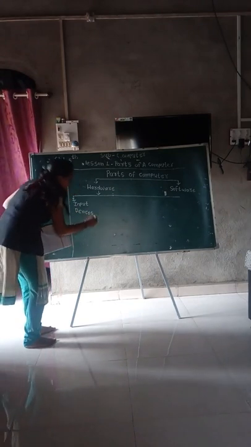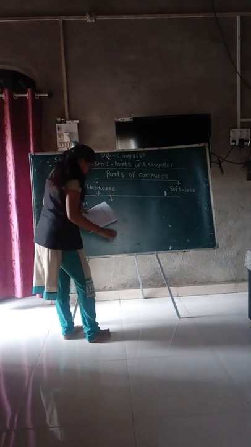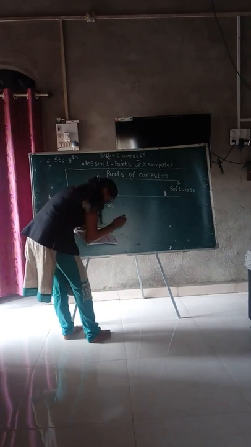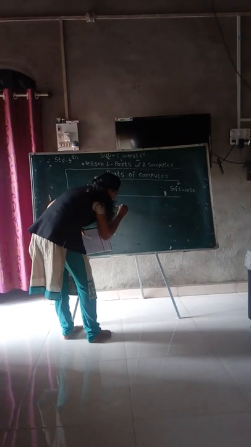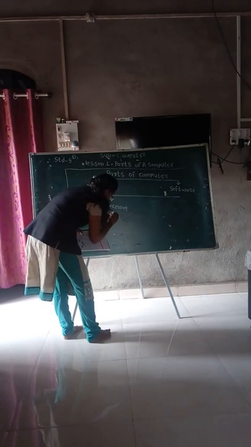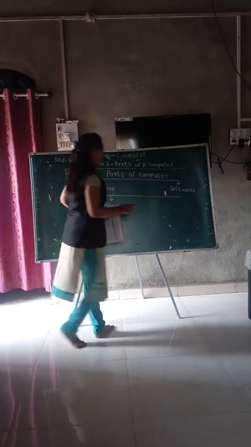Second one is the processing device. Third one is the output device.